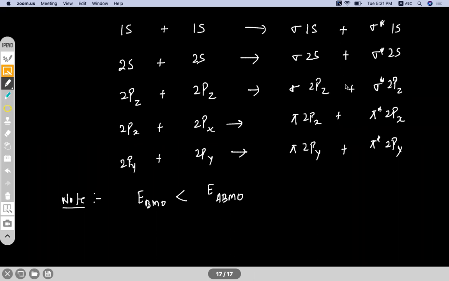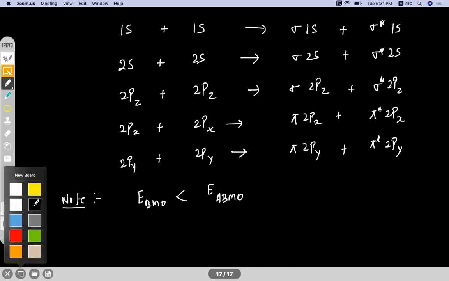Now when you distribute the electrons in the orbitals like we do in electronic configuration, similarly here also you can distribute the electrons of the molecules in the molecular orbitals. So since we have all these orbitals present, here also we'll distribute the electrons according to the energy of the molecular orbital. Right? So we always start with bonding molecular orbital and then we'll go to anti-bonding molecular orbital. The energy order is experimental that you should memorize.